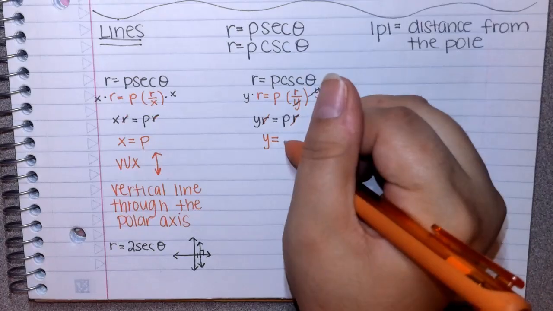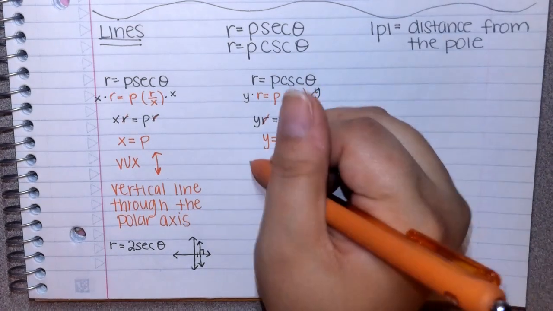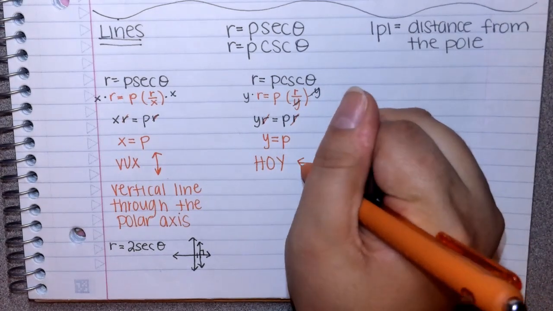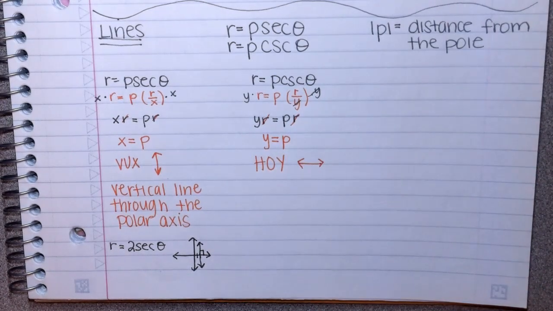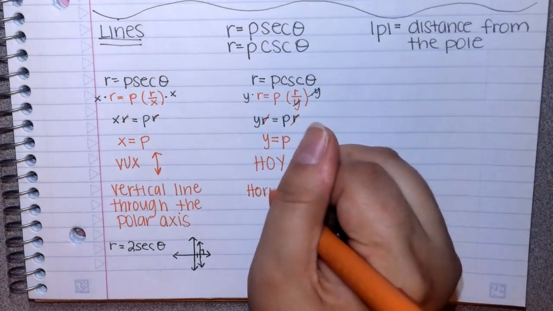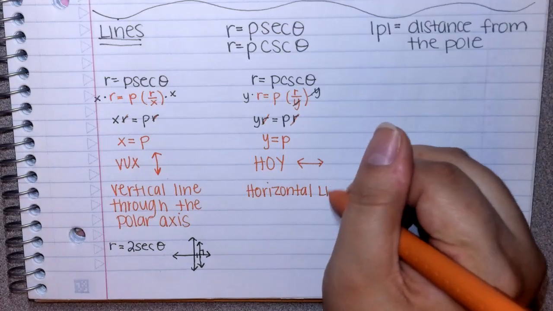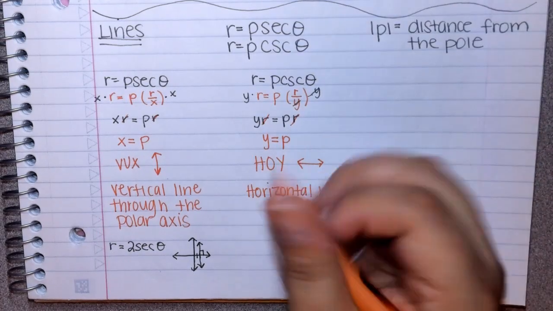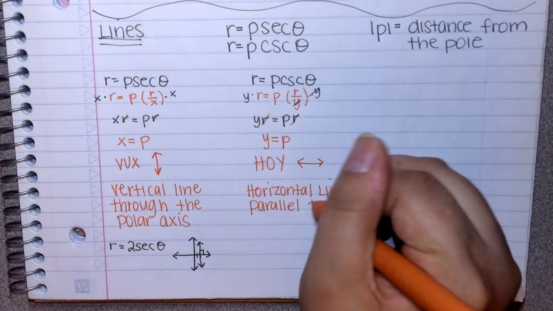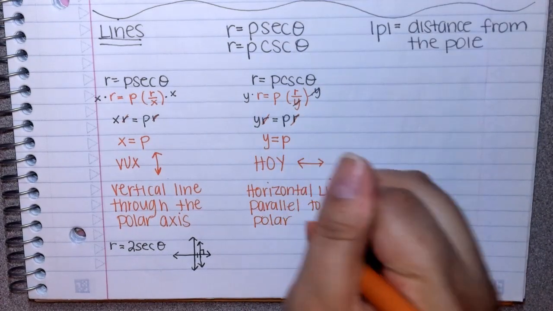For cosecant, y equals p, which means this is a horizontal line. And if you get a horizontal line, then it is parallel to the polar axis.